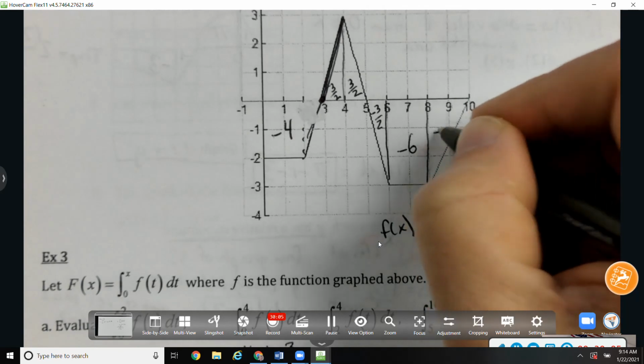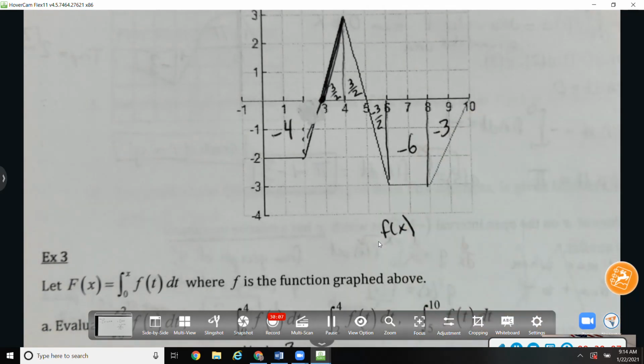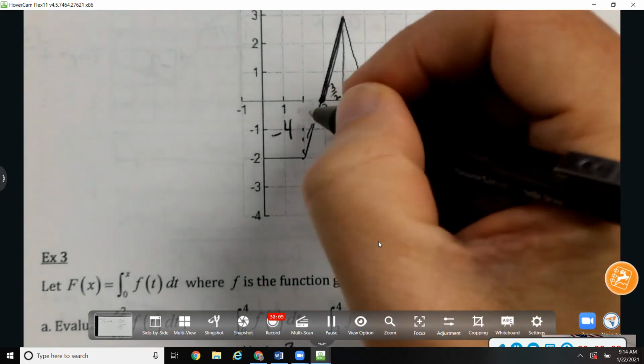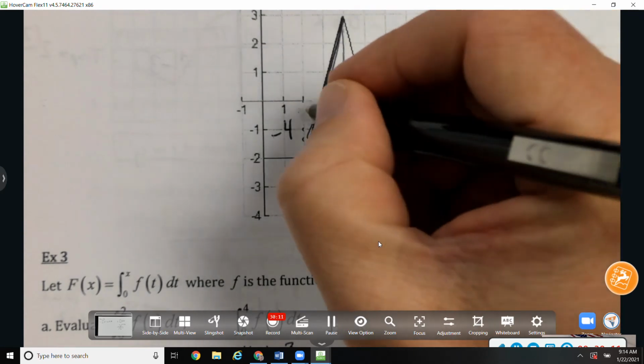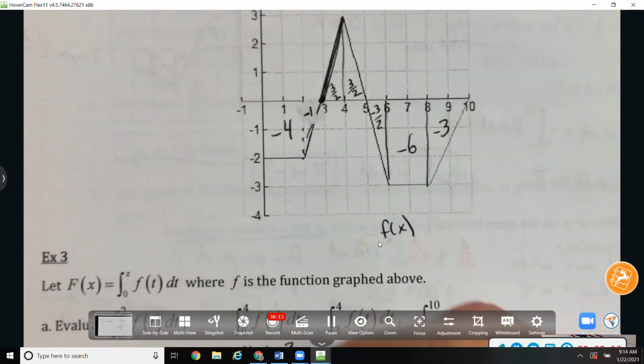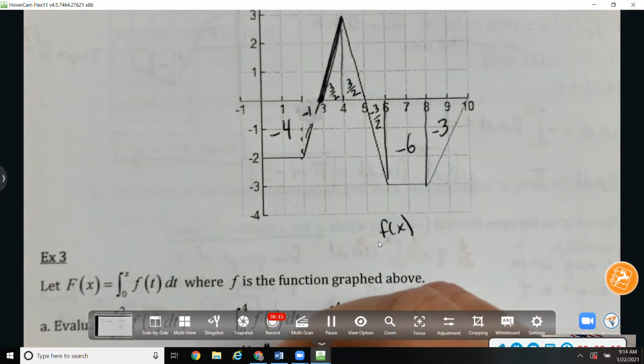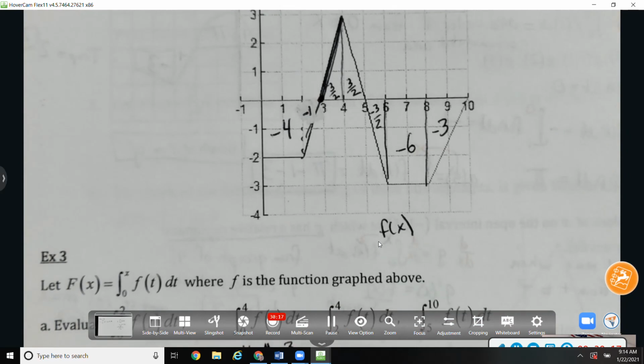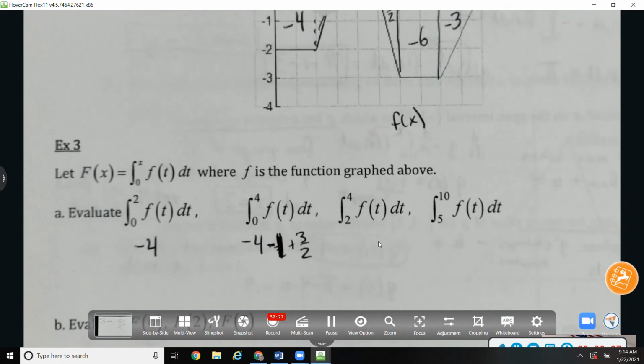Negative 3. And this one was negative 1, now that the whiteout has dried. I know calculus, I just can't do geometry. That's right. Calculus is easy, geometry's hard. So I changed my answer here: negative 4, negative 1, plus 3 halves. You could clean that up, but why bother? Just leave it as is.